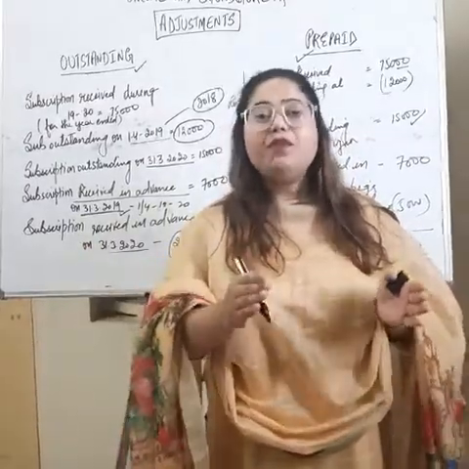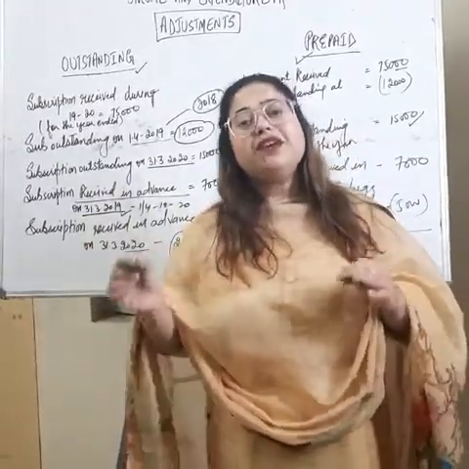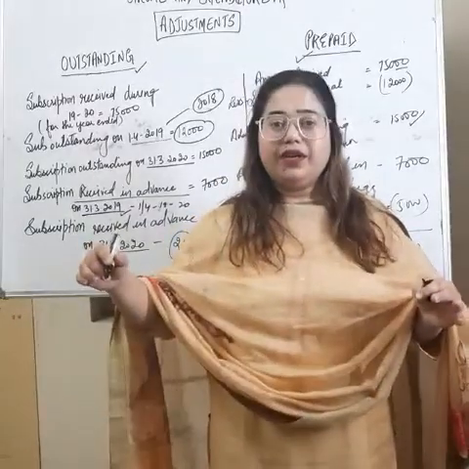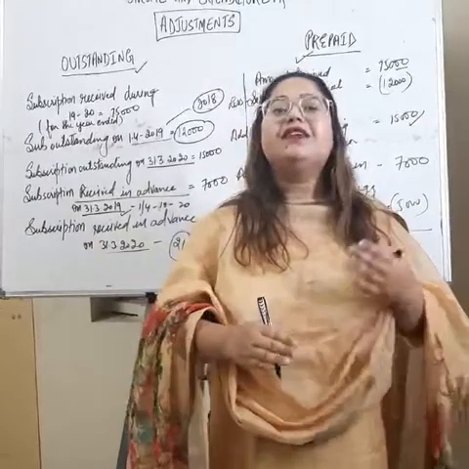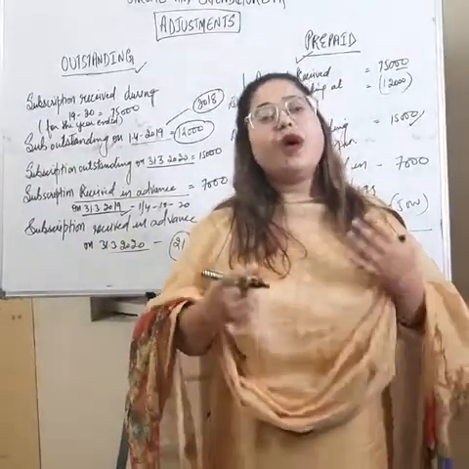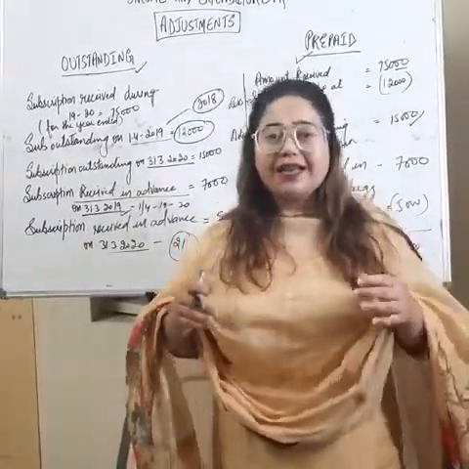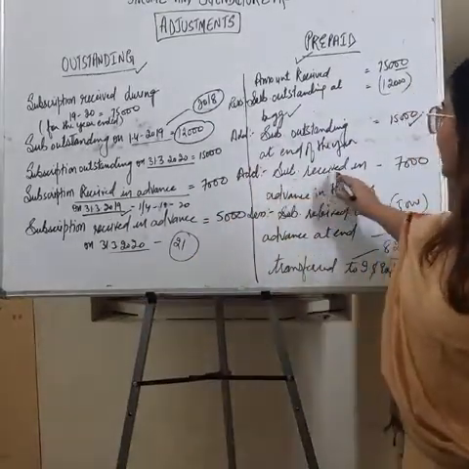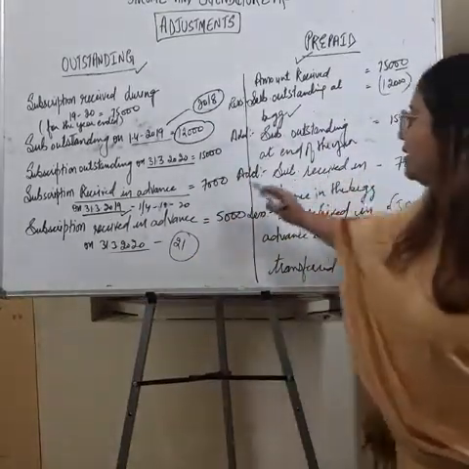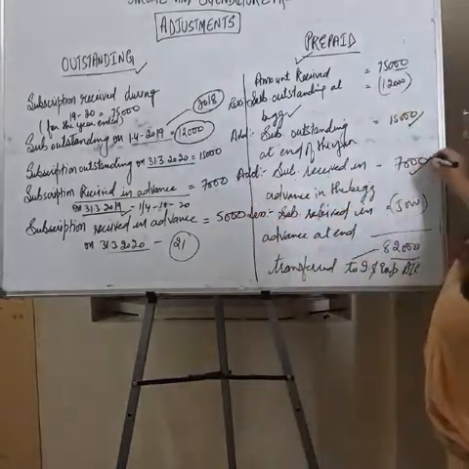If we have started a particular year, it means this amount relates to that particular year. It means the amount received in the beginning is related to the current year, so we have to add it by writing add subscription received in advance in the beginning, that is 7,000.